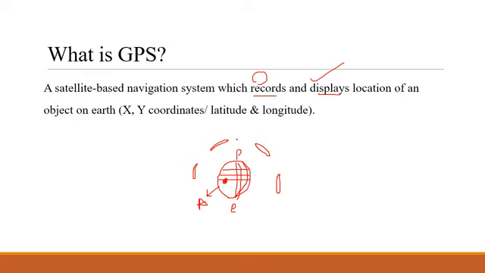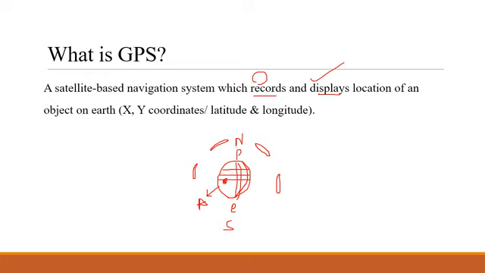This is known as the North Pole, and the second one is known as the South Pole. So these lines are known as longitude, while the other lines are known as latitude lines.